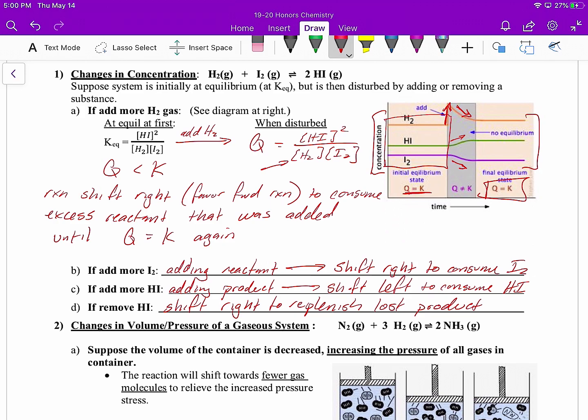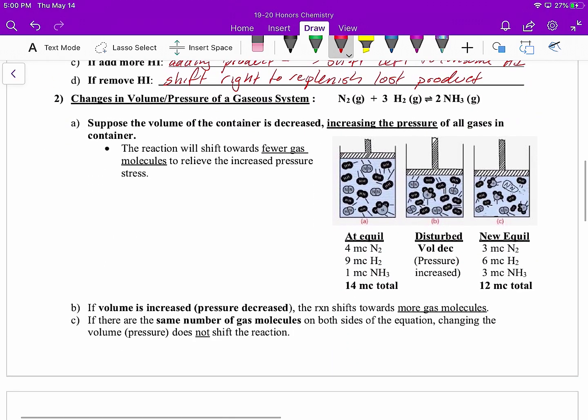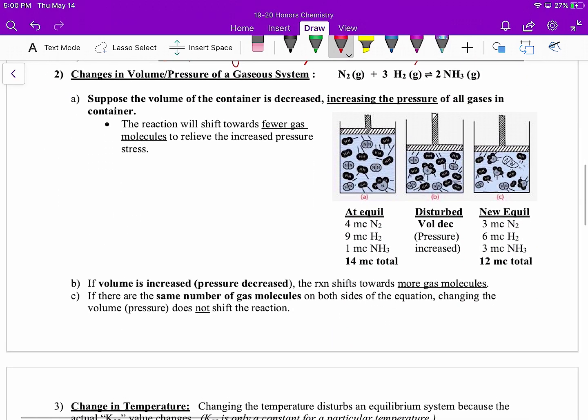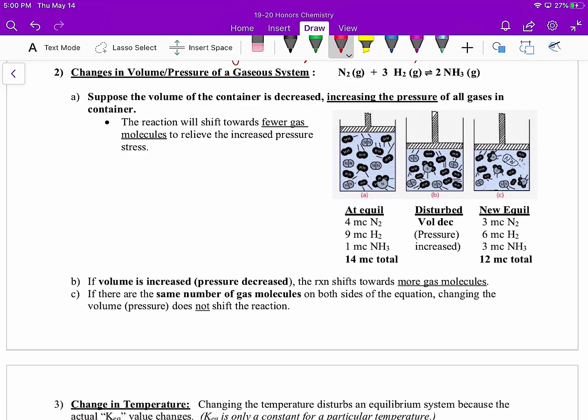Now, another way you can disturb a reaction, this case is specific to gases only, is by changing the volume or the pressure of the container. If you make the container smaller, if you decrease the volume, thereby increasing the pressure, remember, pressure and volume are inversely proportional.